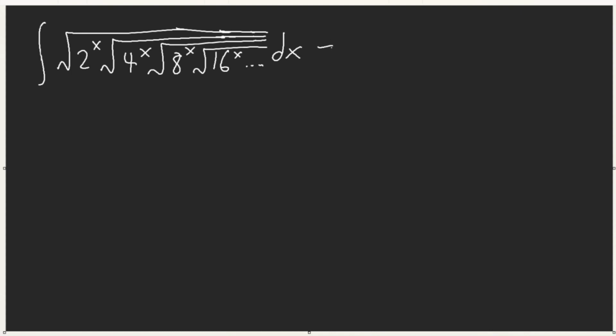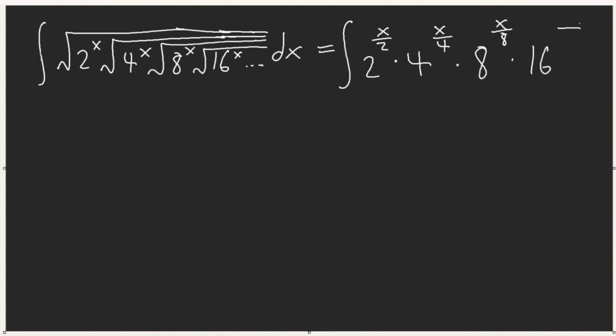Let's deconstruct this technically. Okay, so 2x over 2 technically, and then we have times 4 to the power of x, and then we have square root and square root, so it's over 4. Times 8 to the power of x, so that's over 8 here. Okay, I see where this is going.